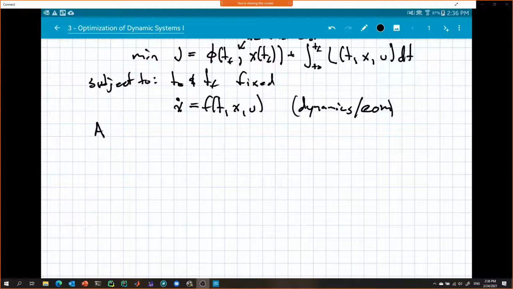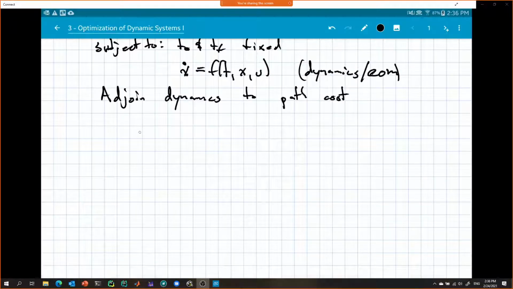This equation is a constraint like any other, so we just adjoin the dynamics to the path cost, J prime. And so we're not cluttered, I'm dropping the arguments to things unless I think it's needed for clarity.